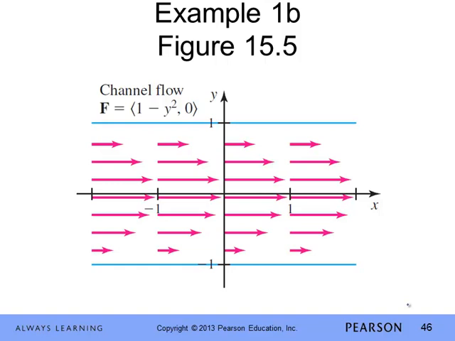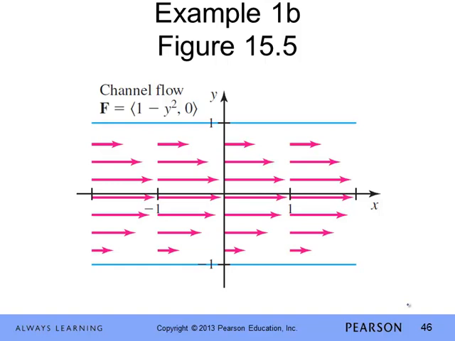So anyway, here's yet another vector field, called the channel flow, for obvious reasons. We know that when water is flowing through a pipe, the fastest velocity is going to be right down the middle, and where the liquid interacts with the side of the tube, it's going to slow down a little bit.